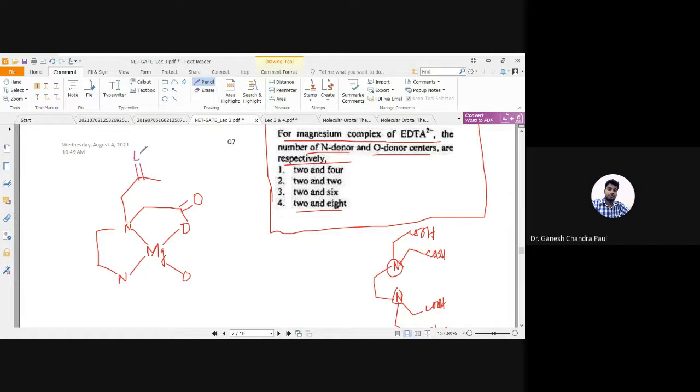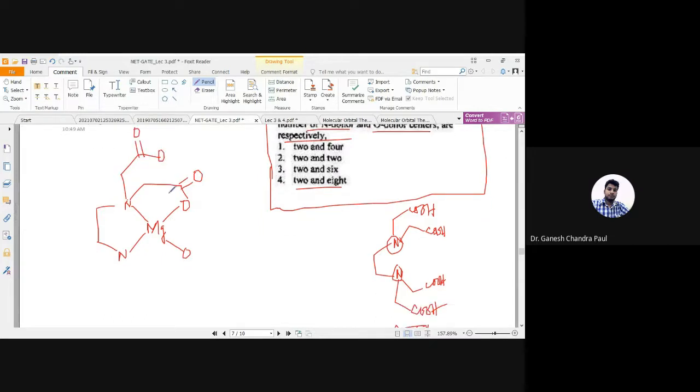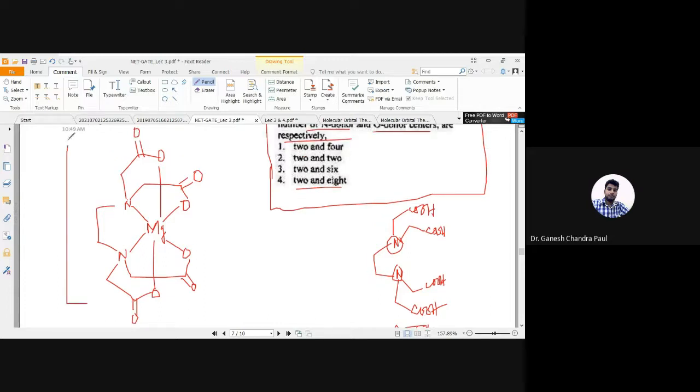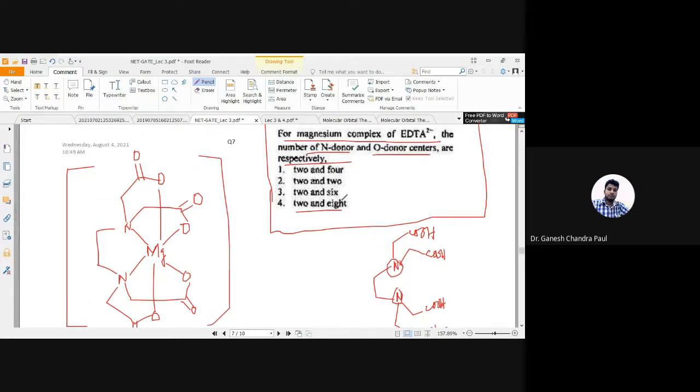So I just want to draw the structure of the magnesium EDTA complex. You can see here, this is the structure of the magnesium EDTA complex. All of you please note it down in your notebook. All are very, very important. Therefore, the correct option is nitrogen 2 and oxygen 4. Option A is the correct answer.